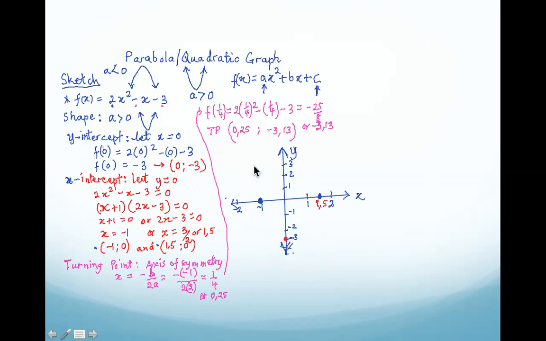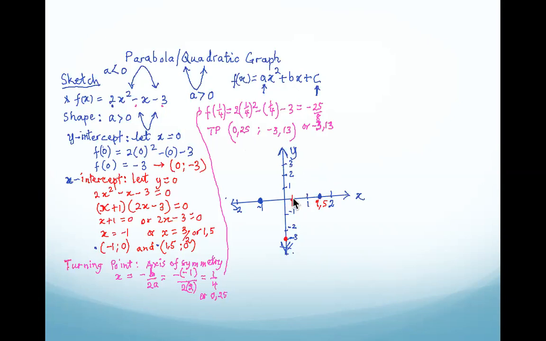Now, the next thing we need is the turning point. So we look for the x value of the turning point. The x value of the turning point is 0,25. Okay, 0,25 is just a little bit away from 0. So let's look for 0,25 here. So that is our 0,25 there.